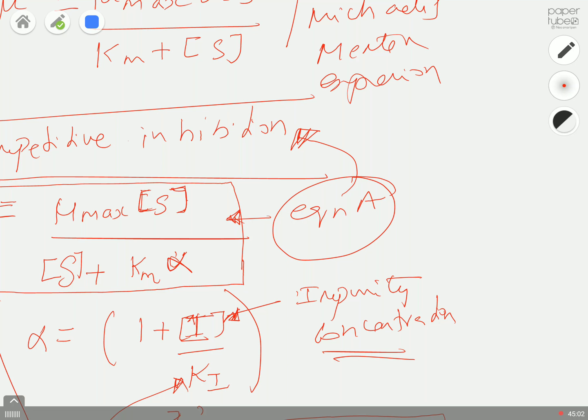So for that we need some mathematical expression. I'm going to give you the expression that will allow you to work out what type of inhibition mechanism is happening: whether your inhibitors are attacking only the enzyme, or binding to both the enzyme and the enzyme substrate complex, or binding only to the enzyme substrate complex. So you have to figure it out.